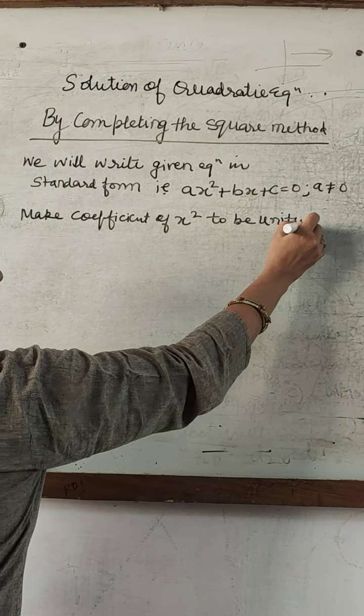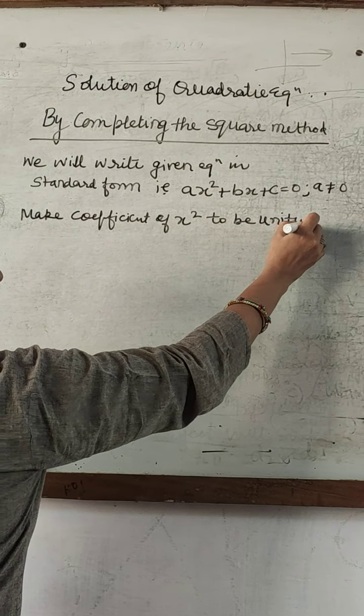If it is 1, it's okay. If it is not 1, then we have to make it 1. And how will we make it? If we take the example of this equation, here the coefficient of x square is a. To make the coefficient of x square to be 1, I have to divide the whole equation by a. So the second step says make the coefficient of x square to be 1.